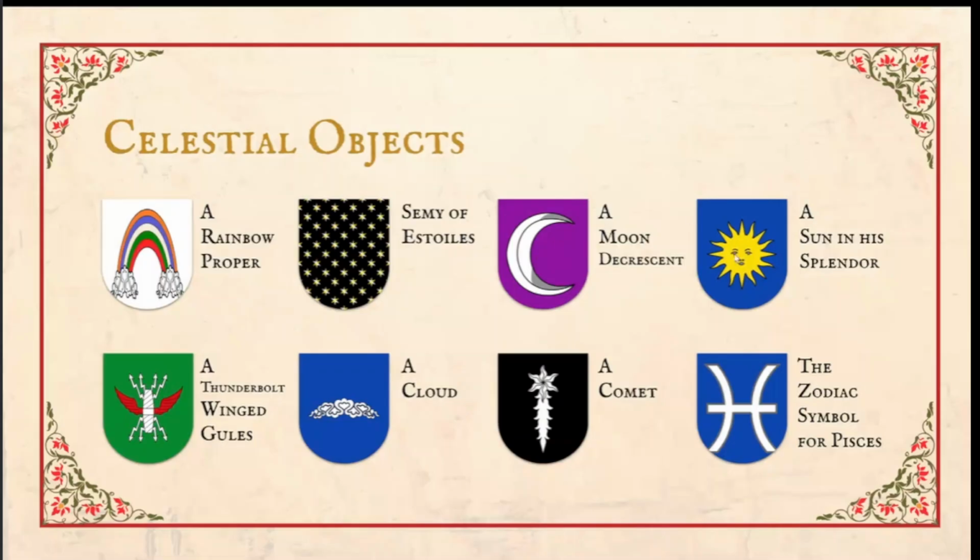Moons, crescent moons, the sun with a face is called a sun in its splendor. You don't have to put a face on it if you don't want to. In the center of the Angler's Rift arms, there is a comet. This comet is one way of depicting that, but there are many other ways to depict that as well. And then all of your zodiac symbols are absolutely available as well for your arms.